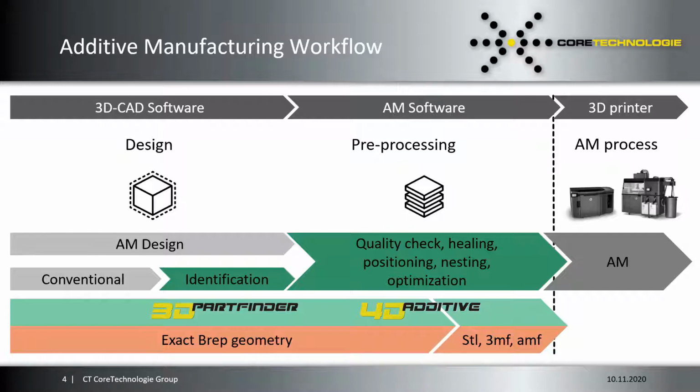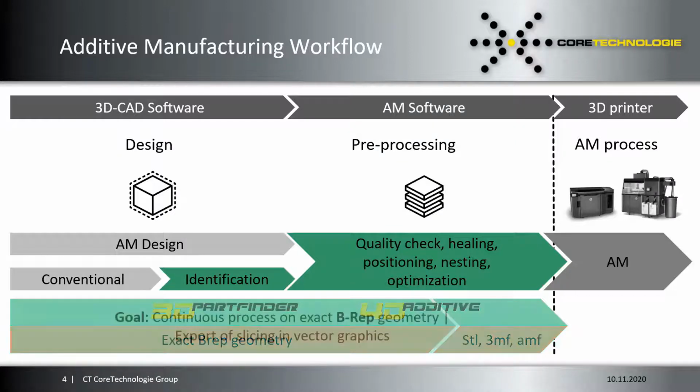That means you can be sure that best-in-class quality is used in this AM process. Afterwards, for sure, all these build processors need the tessellation of the geometry, and this is what then will be exported. So the continuous process works on exact BREP geometry, and the slicing can also be exported in vector graphics.